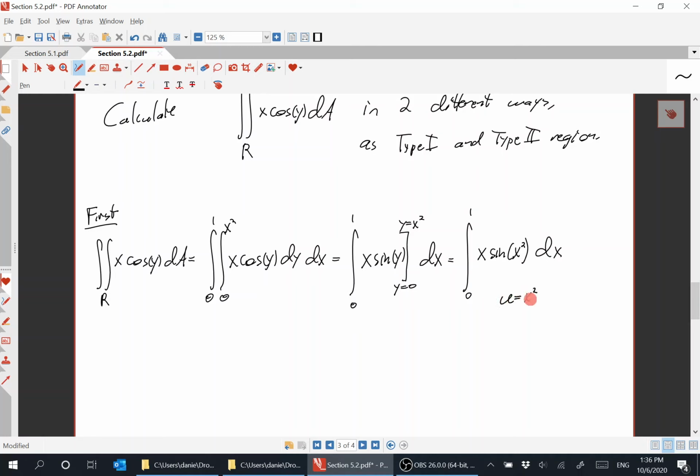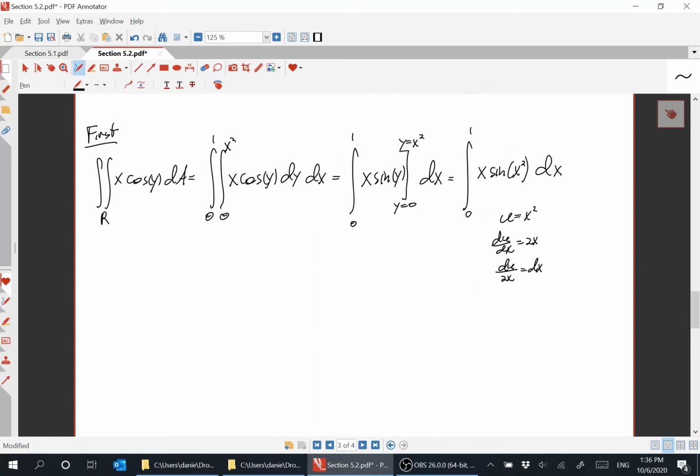You let u equal x squared. So du/dx is equal to 2x, so du over 2x is dx. So this becomes the integral from x equals 0 to x equals 1 of x sine u du over 2x.